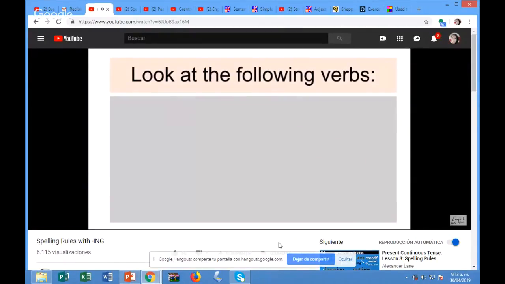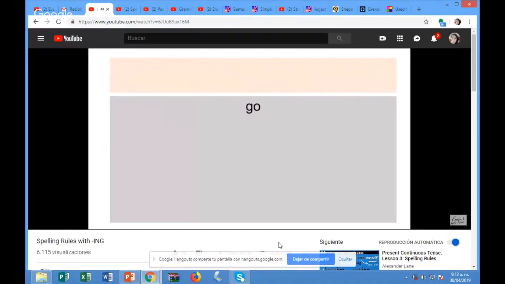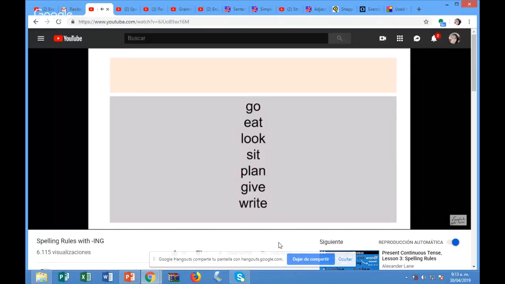Look at the following verbs. Go, eat, look, sit, plan, give, write.